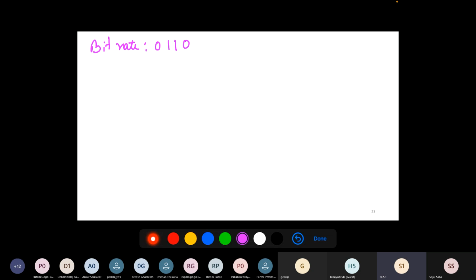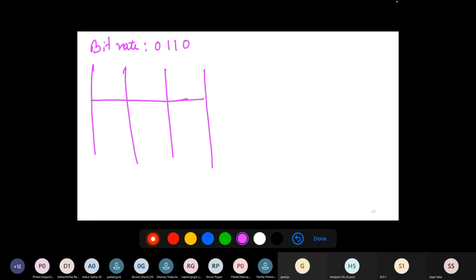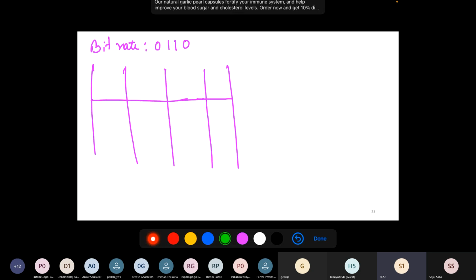Now, instead of representing with plus 5 voltage and minus 5 voltage, what I am doing is, instead of one signal, I am using two signals to represent one bit. How? 0 will be represented by, this one is my minus 5 voltage, this one is my plus 5 voltage. This is the entire time period T.